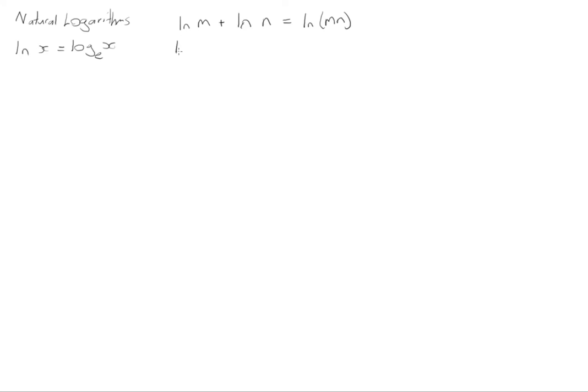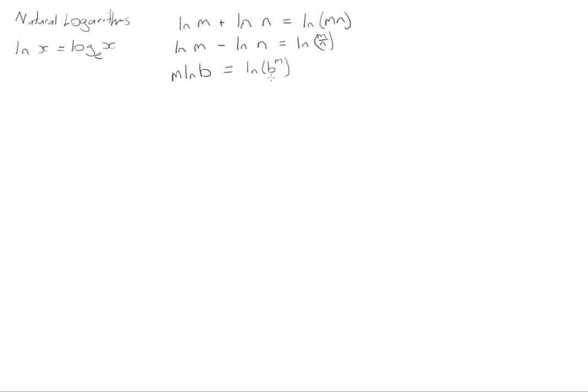And same with when we take natural logarithms, ln m minus ln n is just equal to ln of m over n. And also our final one, which was m ln b, is just equal to ln b to the power of m.